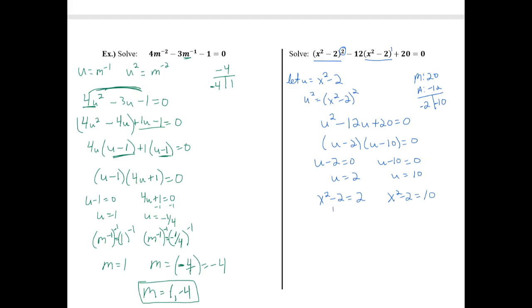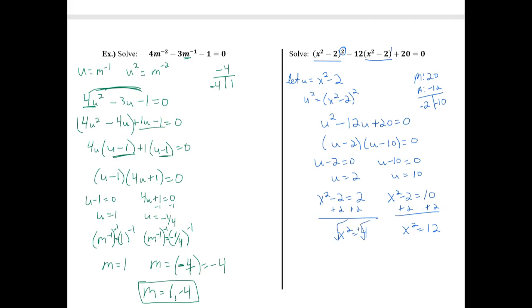We want to get x alone, so I add 2 to both sides. And the left one here, I have x squared equals 4. And on the right, I have x squared equals 12. Now, again, I need to get x alone, so I have to undo that square with the square root property.